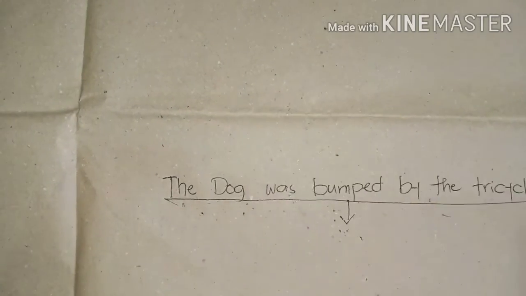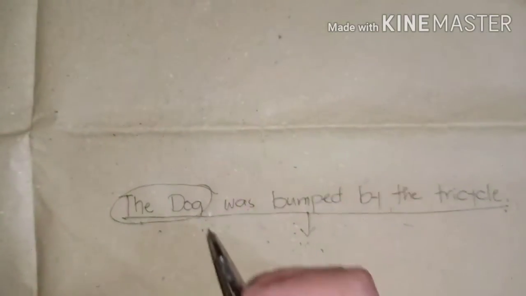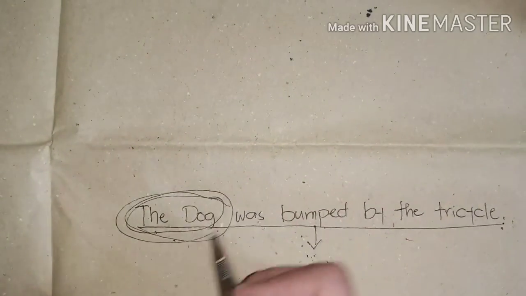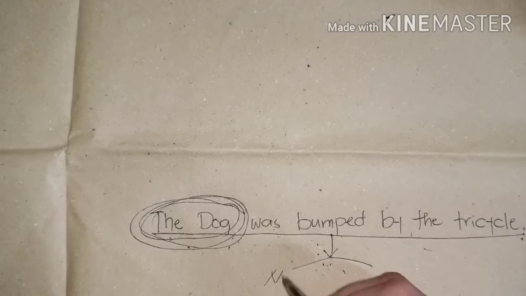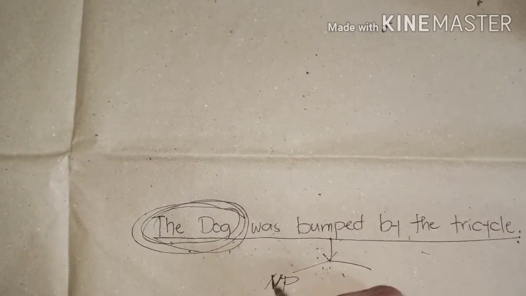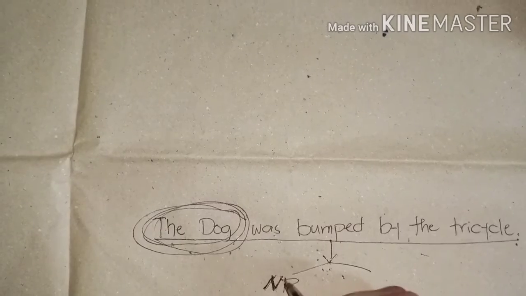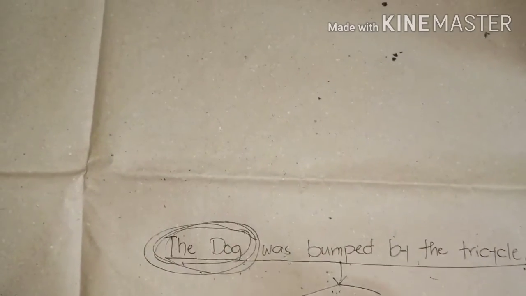The subject of this sentence is the dog, in which the encircled words here are considered a noun phrase because it is two words that are headed by a noun, which is dog, and the is the determiner.